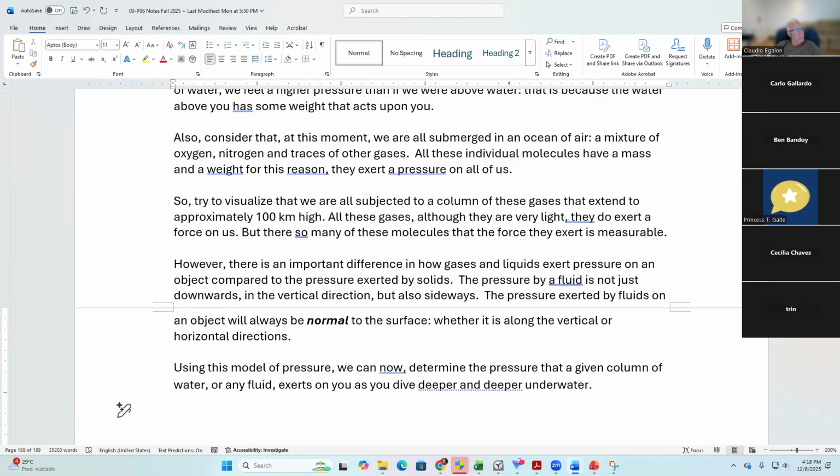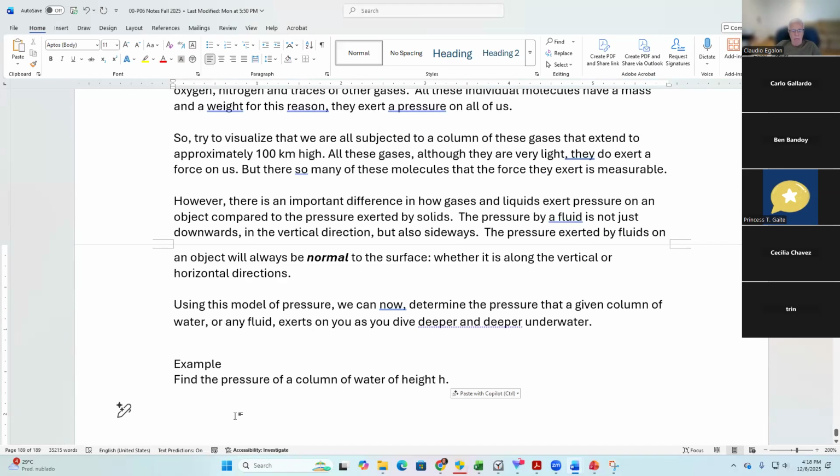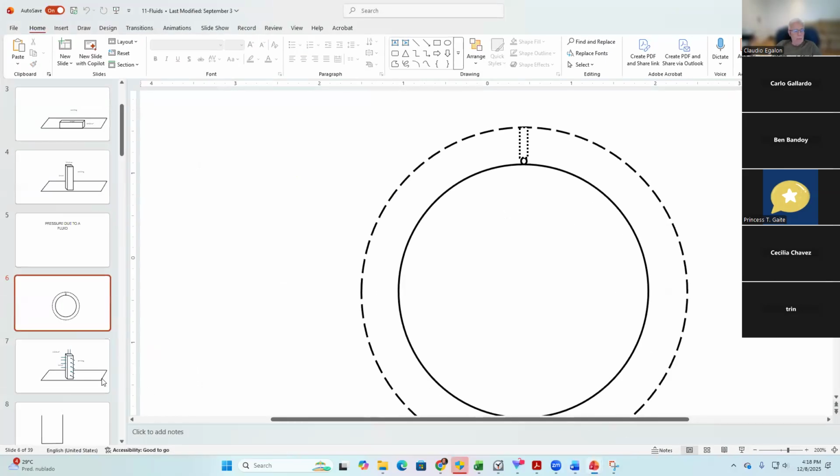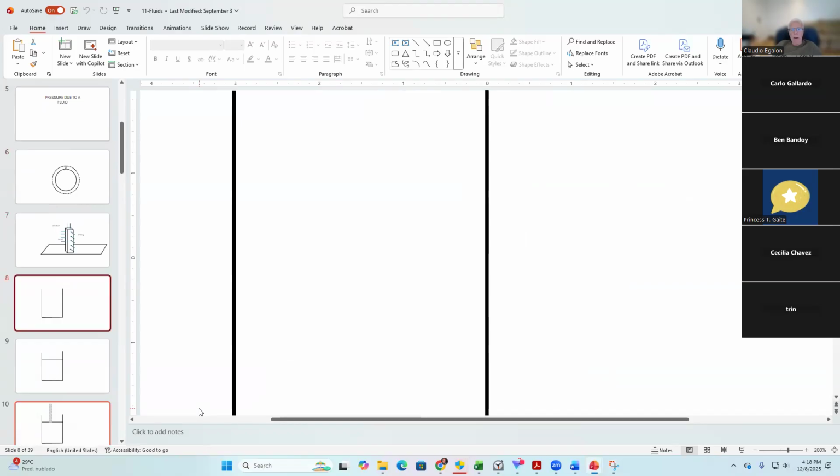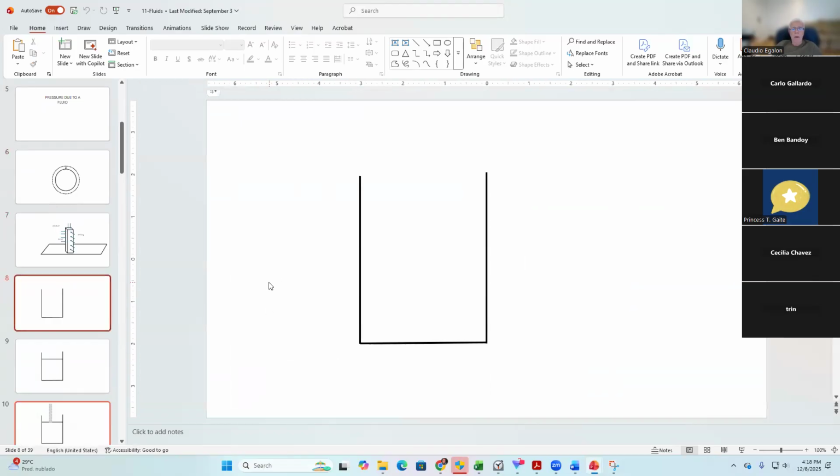So let me give you an example. There's a very interesting example here. Find the pressure of a column of water of height h. And let's get that illustration. Here we go. Consider a container.